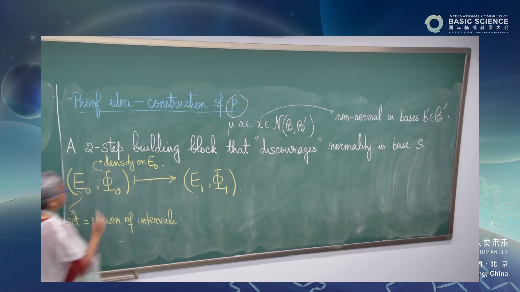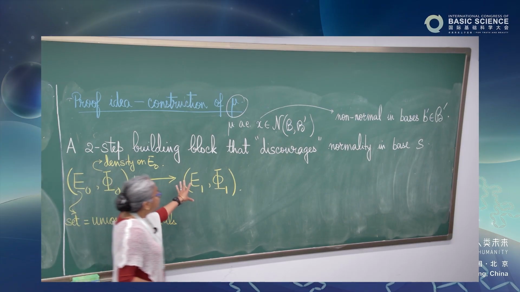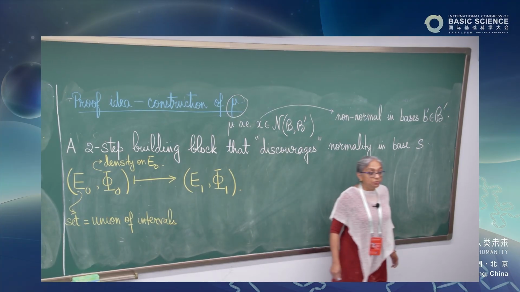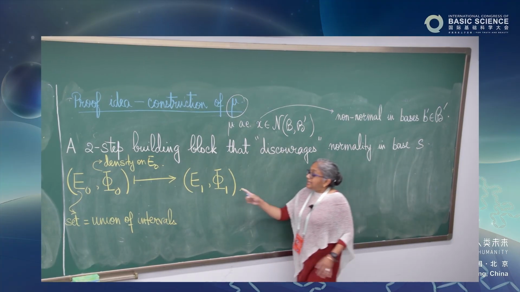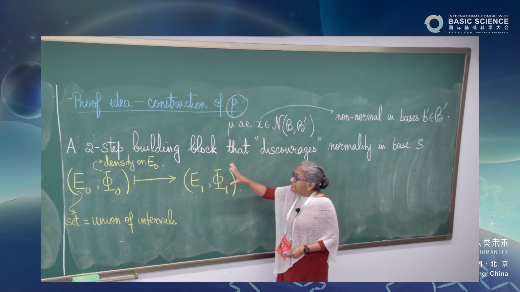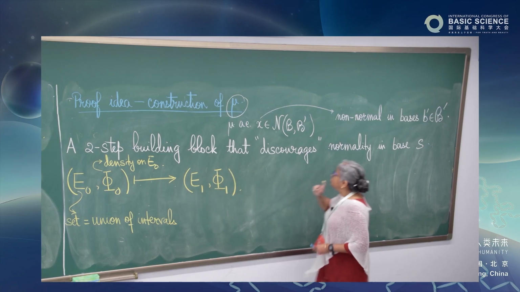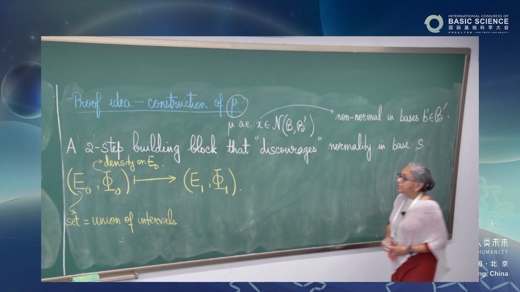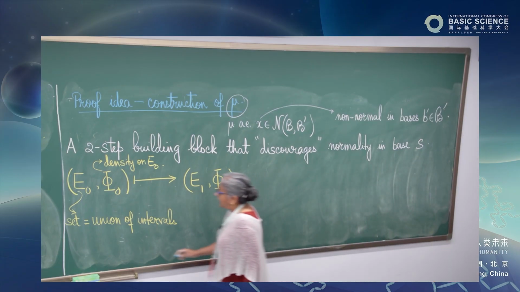Now I'll try to explain what one can do so that when I run my machinery through this and get back E1 and phi 1, it's not going to do it all in one go, but it's a little bit less likely to attain normality in base S.